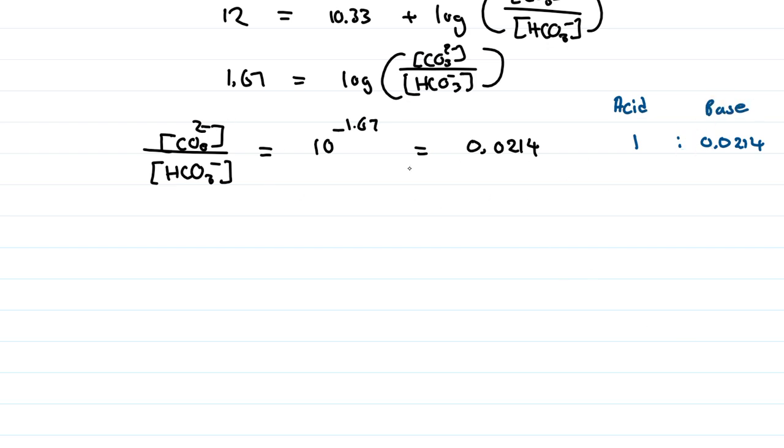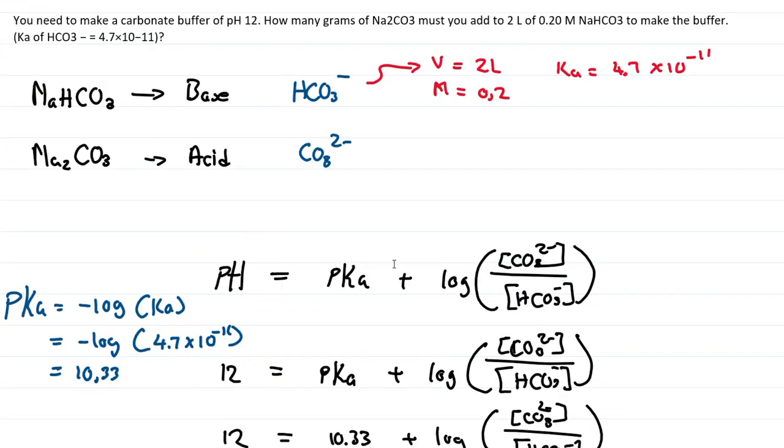So now that we have the ratio, we can go back to the question and check what we were looking for. We were looking for the mass of sodium carbonate that we must add to this amount of sodium bicarbonate. We're given the volume and concentration. From these two, we can find the number of moles of the acid.